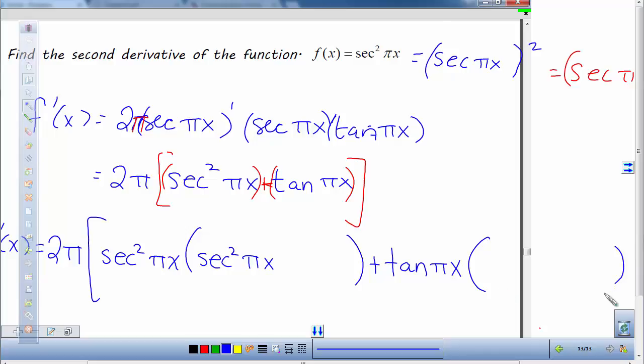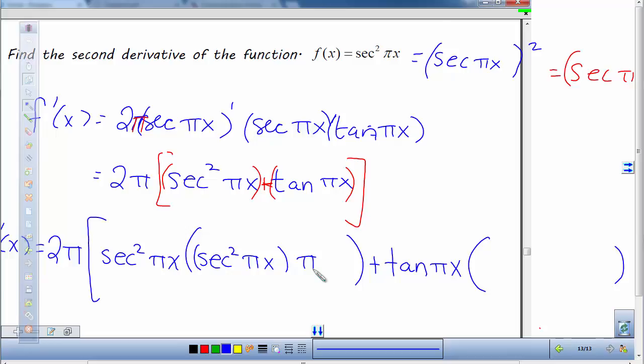So let's look at the derivative of the second. The derivative of tangent is secant squared, but then when I go on the inside, I still have to multiply that by pi.